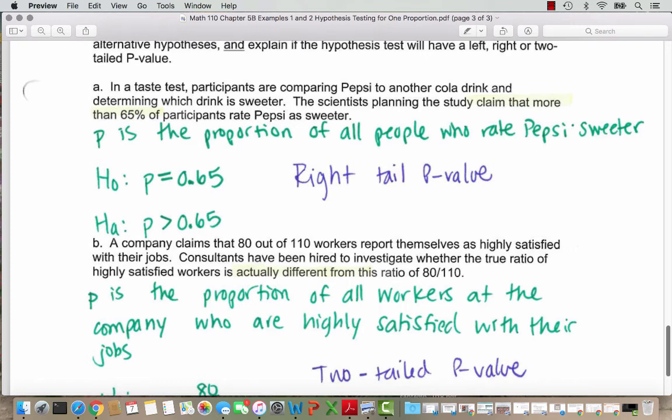In our notation, we usually put a colon after the H sub 0 just to separate it from the hypothesis part. And then my alternative hypothesis, H sub a, is that the proportion is more than 65%. So I write p is greater than 0.65. Since we're using a greater than inequality, if you look back up at our picture, you can see we're going to be thinking about the area on the higher side of the graph. So this will be just a right tail p-value.